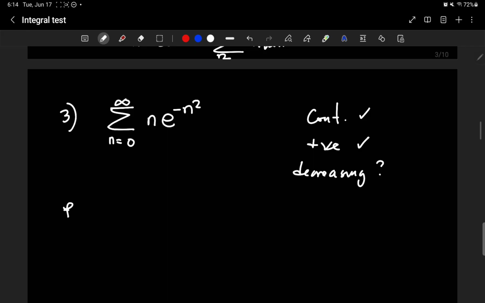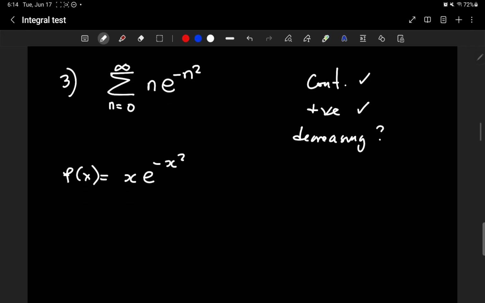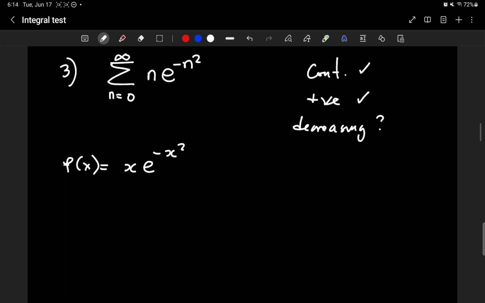So when we define our f of x based on our a n, we're going to have x e to the minus x squared. So to understand whether this decreases or increases, let's try to use some calculus. So get the derivative, I mean, to see if it has a turning point. If it has a turning point, we'll see the behavior of the function before and after that turning point. When we differentiate this to get f prime, we'll use the product rule here.